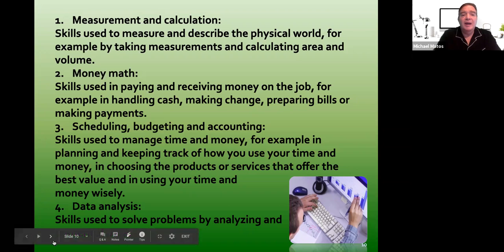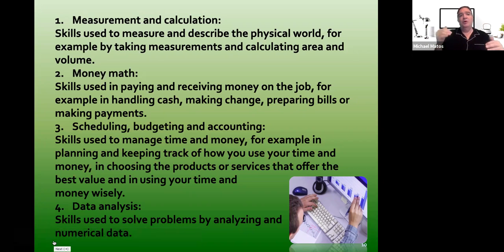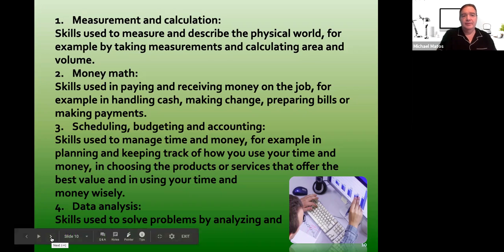So I try to base my activities and lessons on these four general areas in math education.